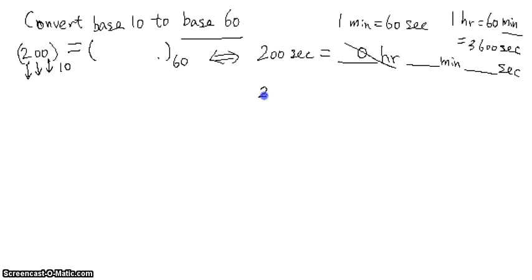We know 1 minute is 60 seconds, so we take 200 divided by 60, and we know 60 goes 3 times, which gives us 20 left. 3 times 60 is 180, so 200 contains 180 seconds, which is exactly 3 minutes, and we have 20 seconds left.